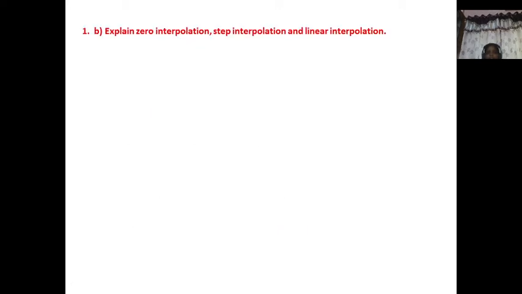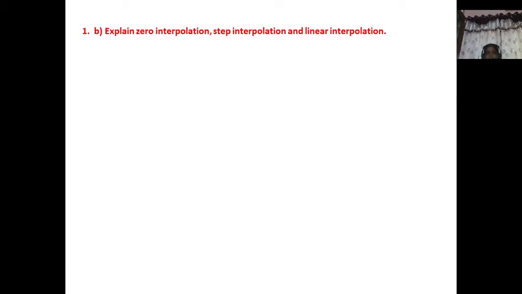Y of 3 equal to what is the value? 0, we are carrying 0 here. Then y of 4 equal to x of 2. Y of 5 equal to 0. Like this we are going to have the upsampled data, the upsampled sequence y of n. Just see this simple example.